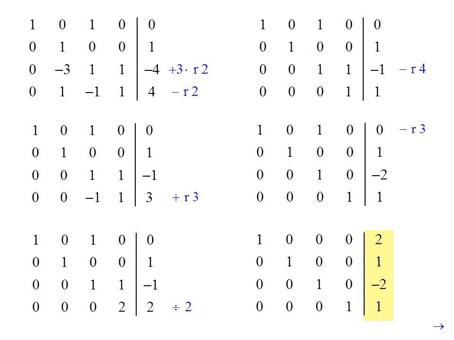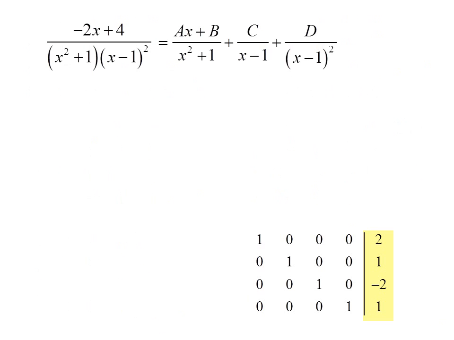So there are our answers, 2, 1, negative 2, 1. So our expanded expression becomes 2x plus 1 over x squared plus 1 minus 2 over x minus 1 plus 1 over x minus 1 squared.